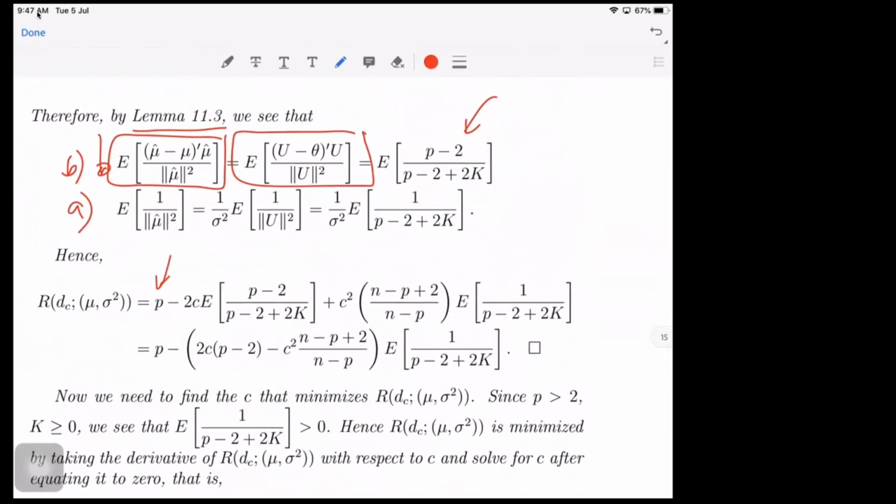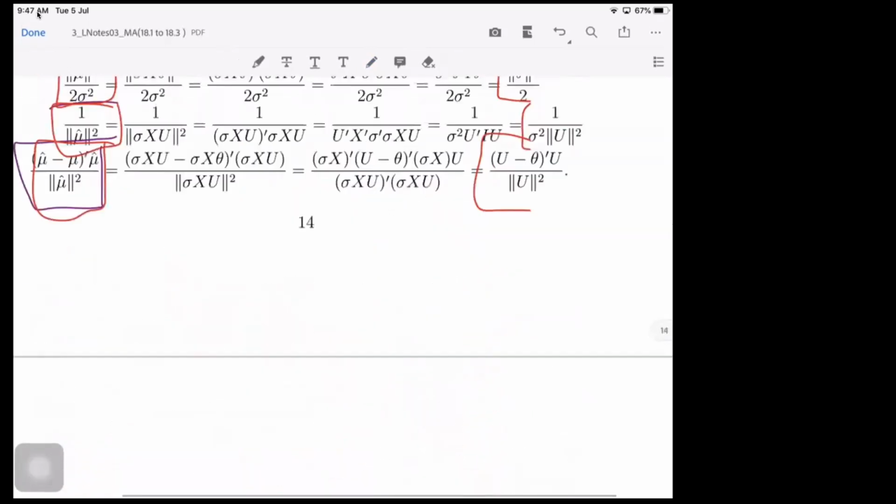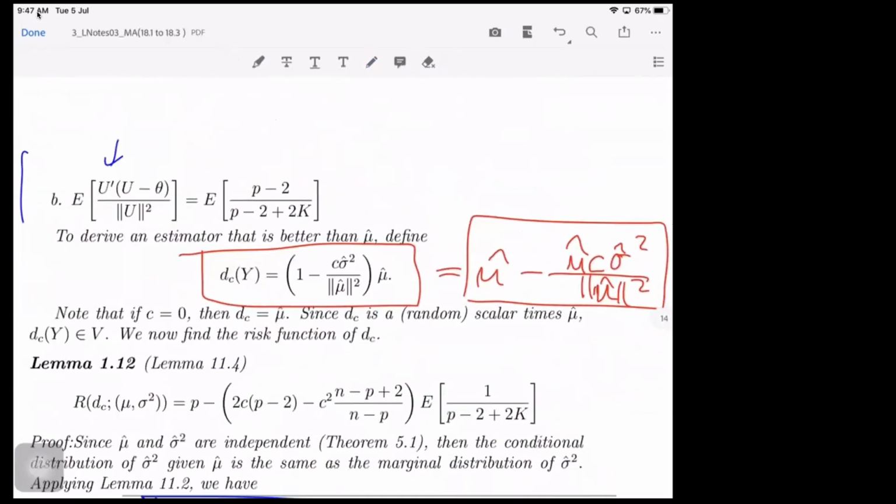And then so to mu hat minus mu hat C sigma hat squared square norm of mu squared. Right? Hat.